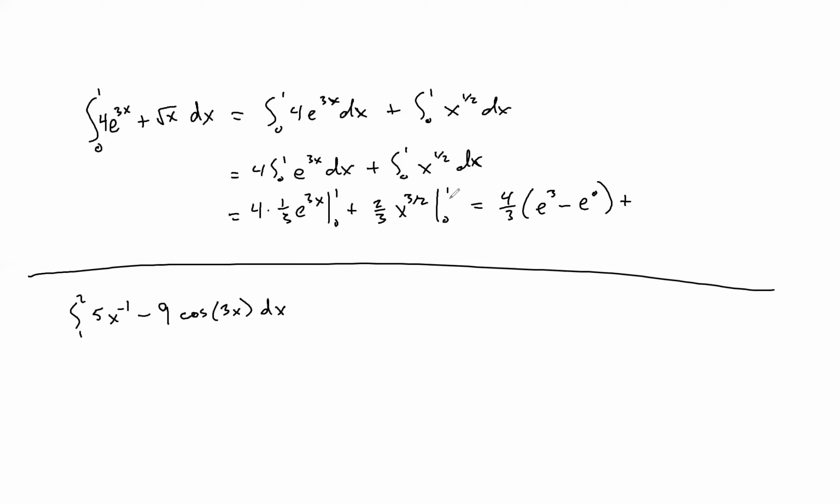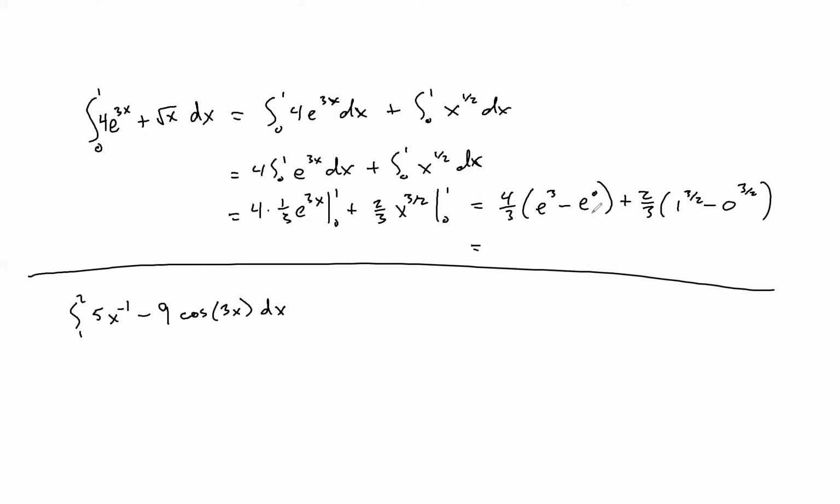And here, the same thing, this 2/3, I'm just going to leave it outside for now just to keep things a little bit simpler. I've got 1 to the 3/2 minus 0 to the 3/2. I'm plugging in 1 and plugging in 0 for x and subtracting those values.